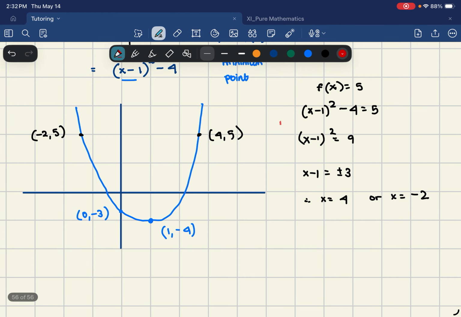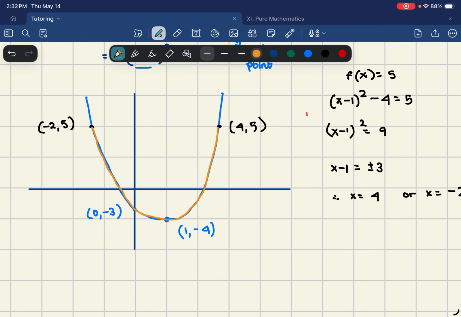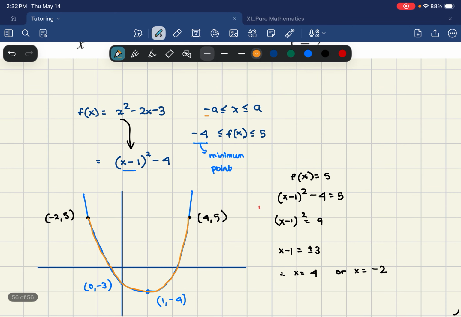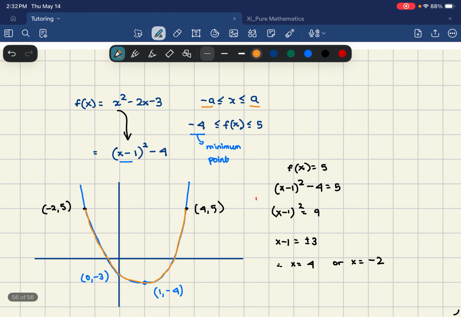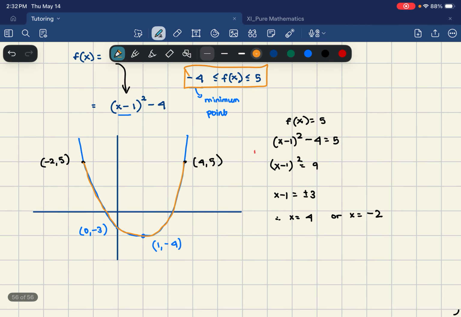Now we want to consider this orange portion of the graph. I want to restrict the domain from negative a to positive a, and I need it to cover this range.